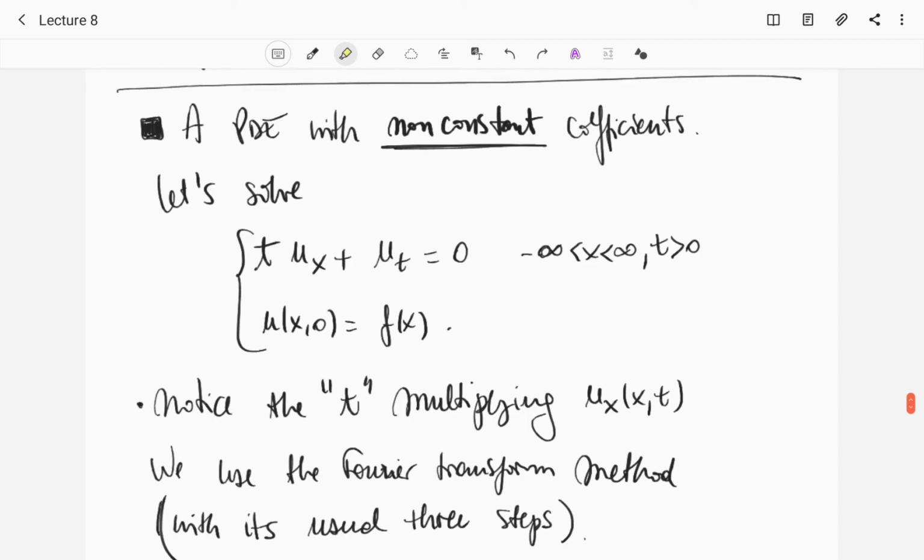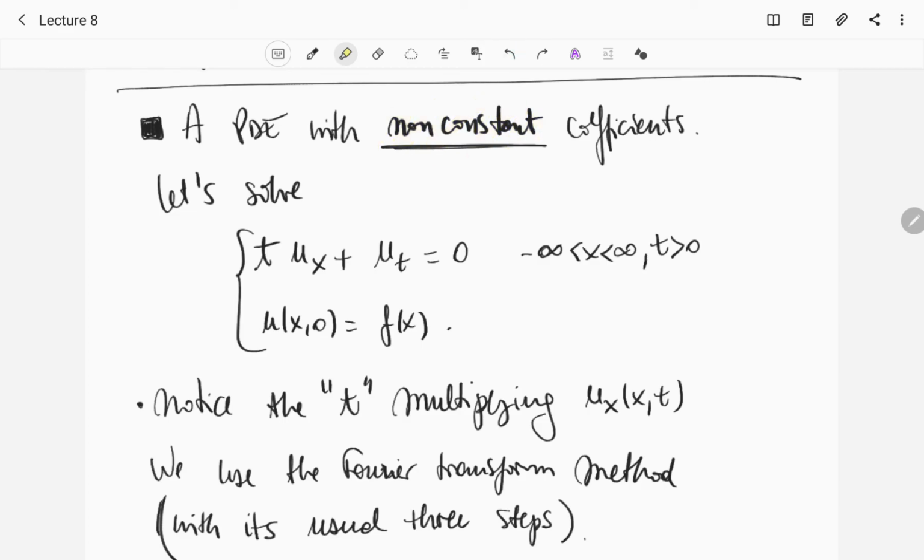Now, we were lucky with the heat equation and the wave equation because they have constant coefficients in the partial differential equation. But let's see an example of a partial differential equation where we have non-constant coefficients.